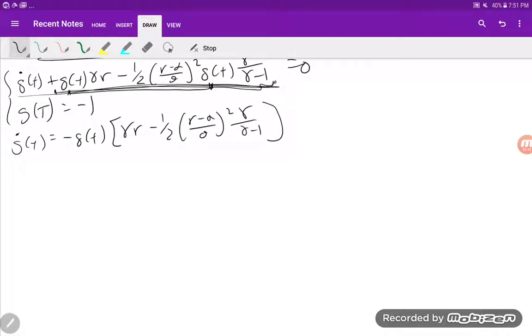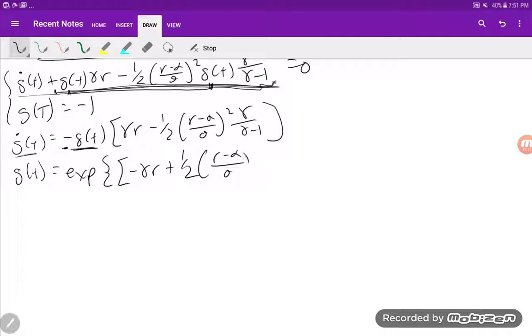So that's going to have the solution that g of t, we clearly see something exponential, so I'll write it like that. But we have the negative there, so it's going to be negative gamma r plus 1/2 times the rest of it, (r minus alpha over sigma) squared, gamma over gamma minus 1, times t. I've got to add the t.